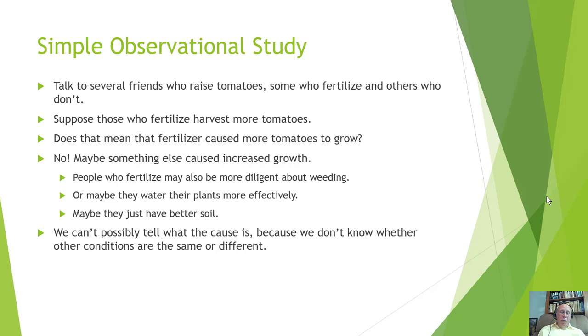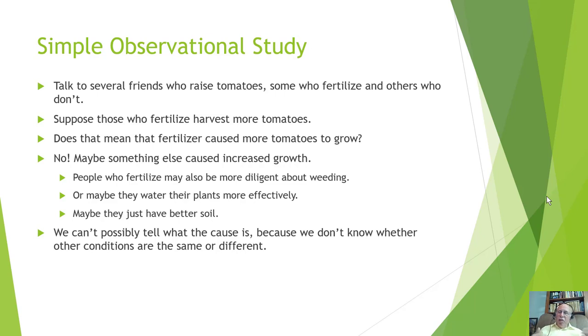For instance, people who take the time to fertilize their plants may also be a little more diligent about keeping up with the weeding. Or maybe people who take the time and go to the expense of fertilizing their plants are also more skillful in the way they water their plants effectively, never letting them get too dry or never drowning them with too much water.